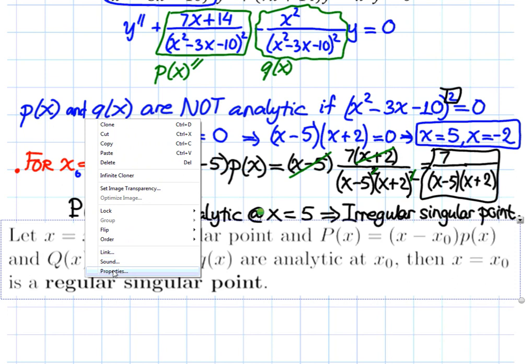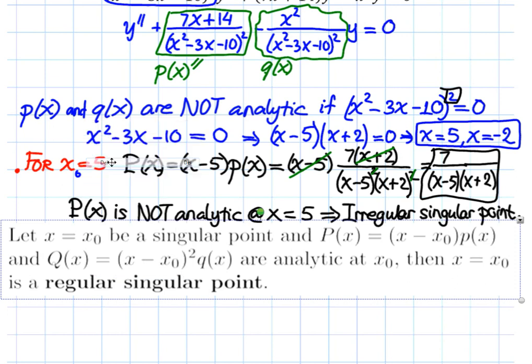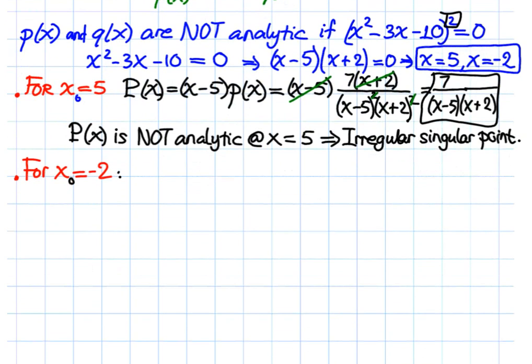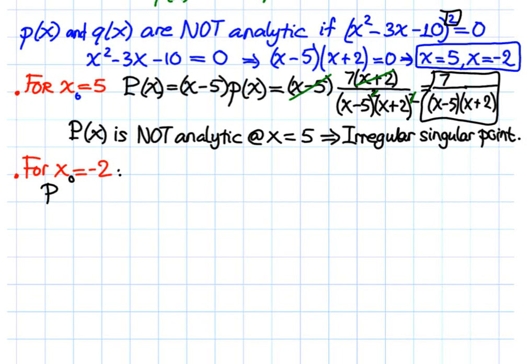Next, we will test the point x equal to negative 2. It's actually x naught in this case. We'll calculate capital P of x and capital Q of x. Capital P of x is equal to x minus negative 2 times little p of x.